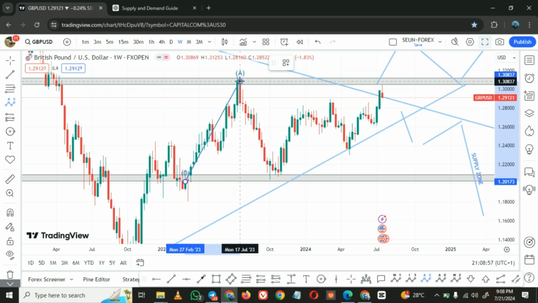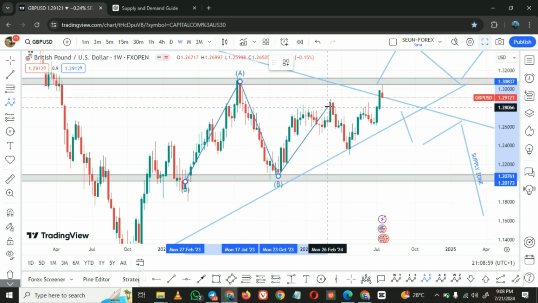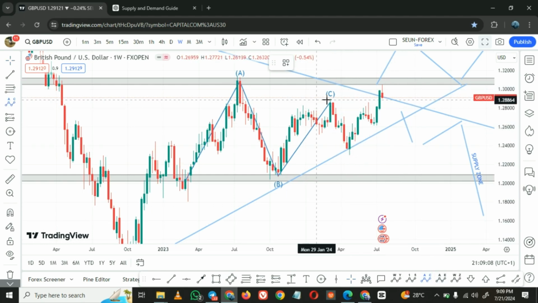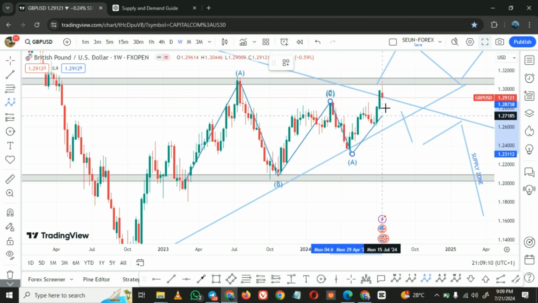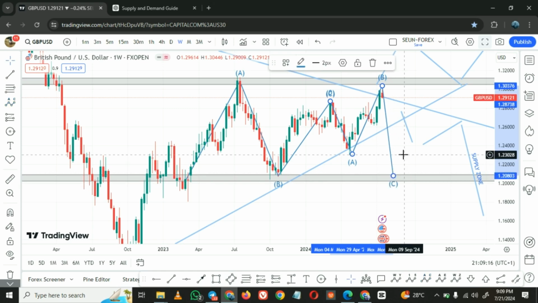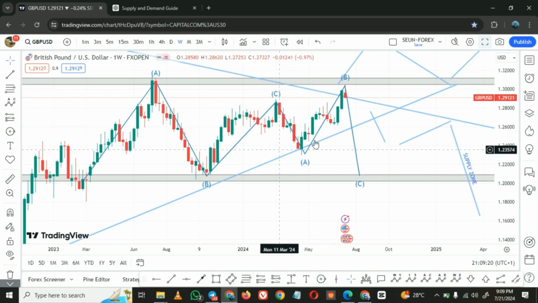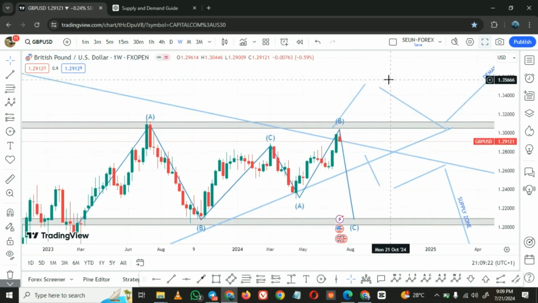This is lower high, lower low, lower high, lower low, lower high, and market has the potential of reaching this key level as a lower low.